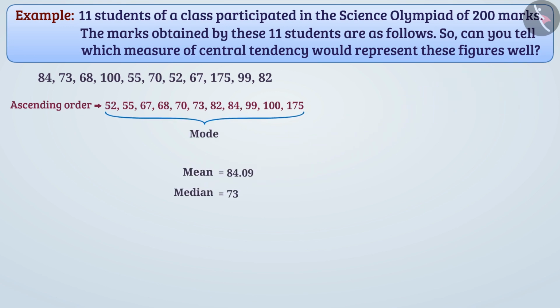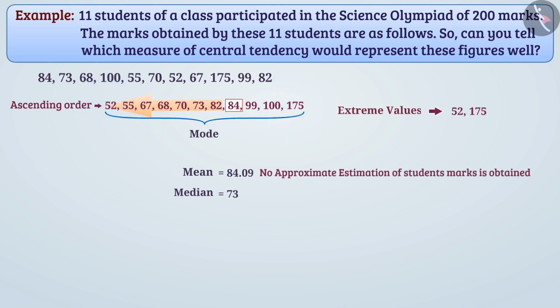Now, if we compare the three measurements, we see that most of the students have less than 84 marks. Therefore, no approximate estimation of the students' marks is obtained from the number 84.09. This is because the numbers 52 and 175 are the extreme values here.